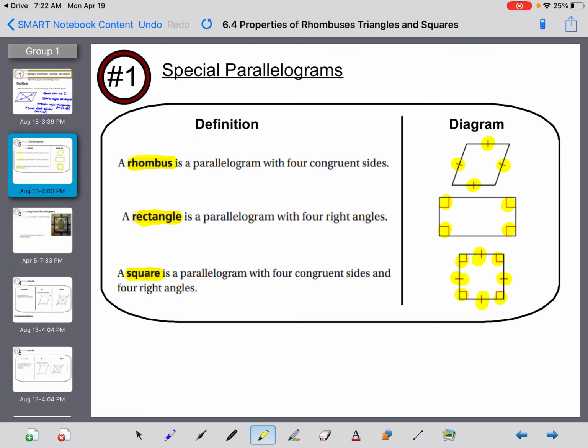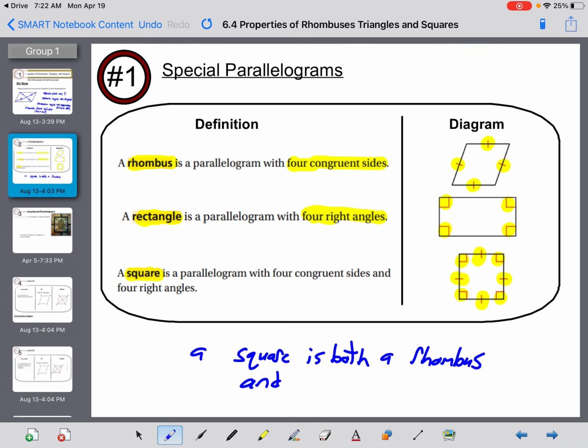So if you notice, a square is both a rhombus and a rectangle, because we have 4 congruent sides and 4 right angles.